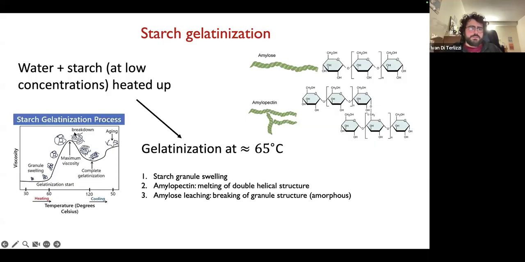And once they burst, they are in this free form, and they can bind together. And once they bind together, they form these networks which give the jelly-like consistency to the pasta. And also, once you cool them again, they form these networks.